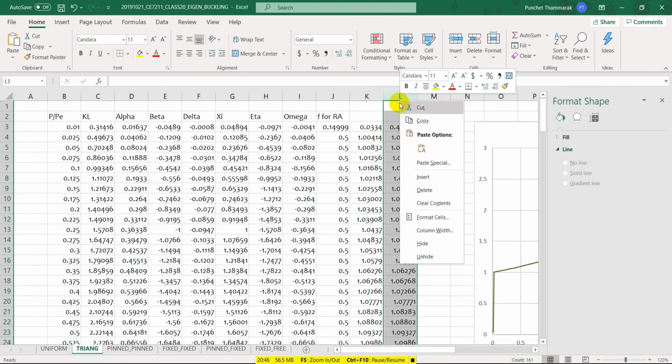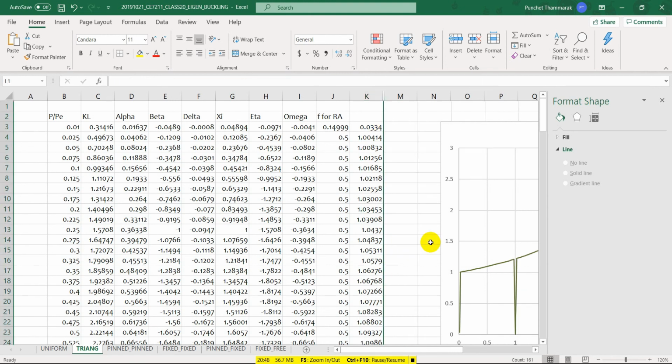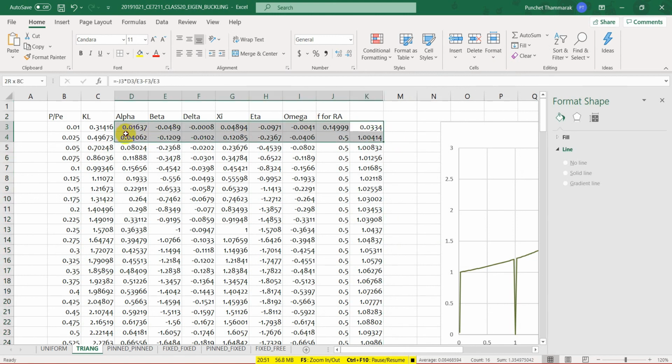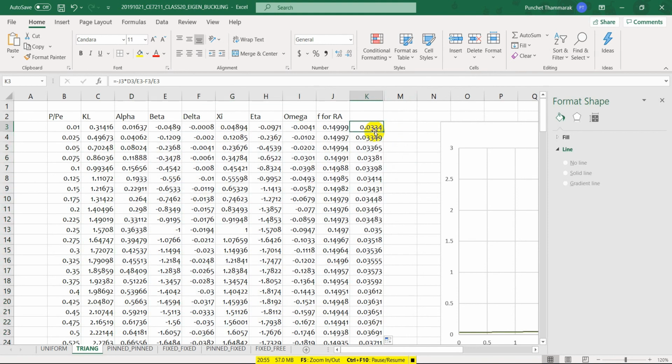We don't use this one for now. We hide it, and then double click. First of all, let's look at this one, the parameter we are plotting over here. This is on the left support where the load starts from 0 intensity. If we consider the case where the axial force is 0, it is 1 over 30 multiplied by the WL.